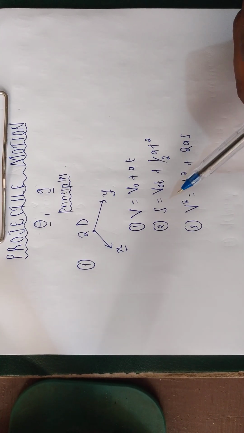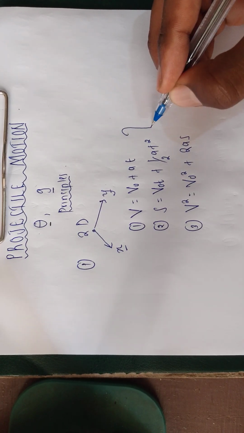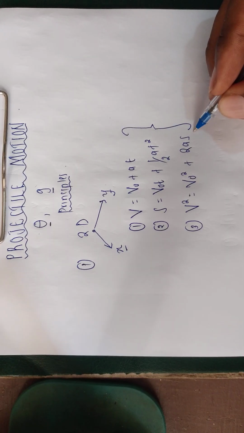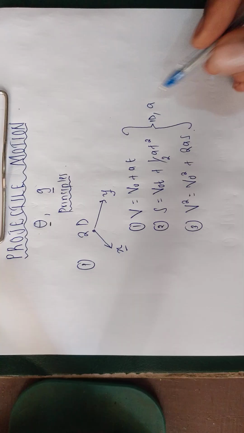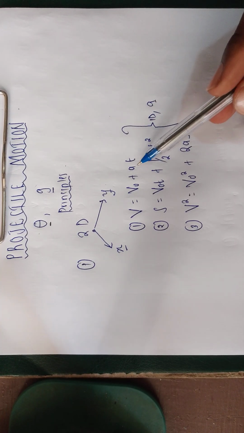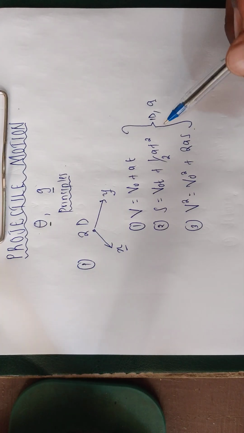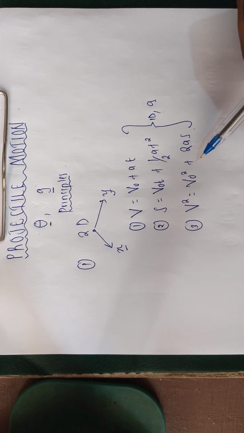These are the equations that we used to apply under 1D. And we said that for you to apply these equations, the object is supposed to be moving in 1D and the acceleration of that body is supposed to be constant. When the acceleration is constant and the body is moving in 1D, we are able to apply these equations of motion.